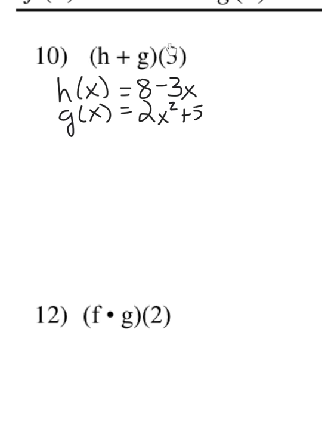I can plug 3 into h and plug 3 into g, and then add those two together. Or I can add the two functions together, combine like terms, and then plug in the 3 in for x. So I'm going to do both ways, and you pick the way that seems easiest to you.